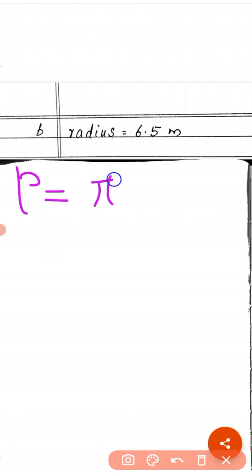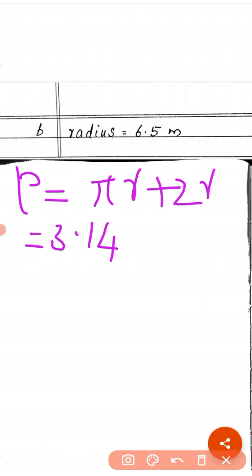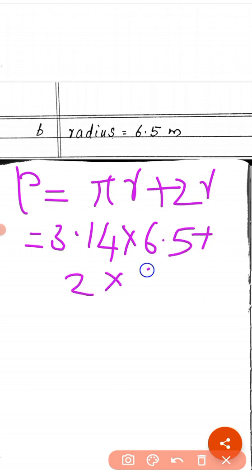So 3.14 into 6.5 plus 2 into 6.5. We are substituting the values. 3.14 into 6.5, that is radius, plus 2 into radius, 2 into 6.5.